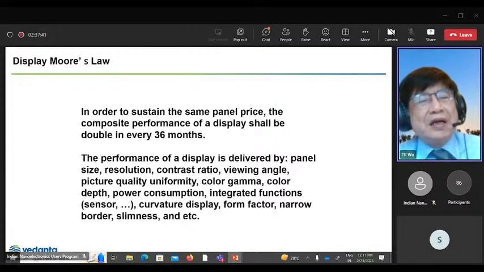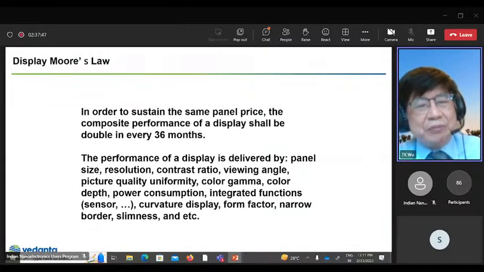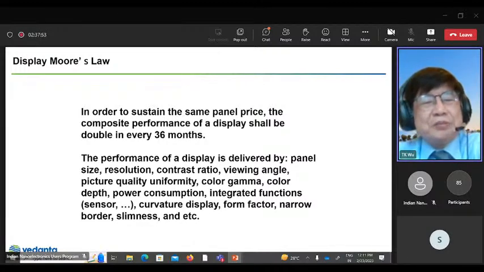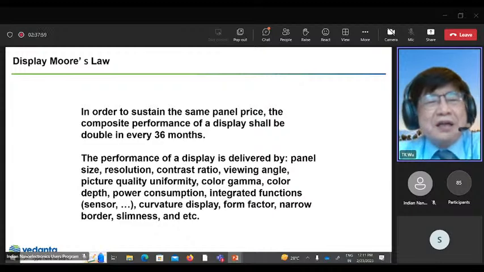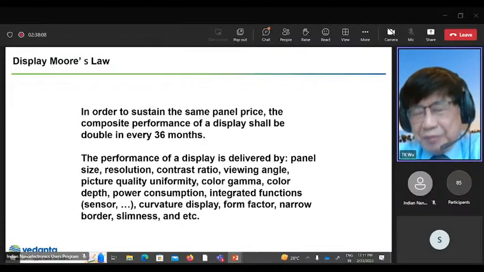We also have a display Moore's law. So what is Moore's law in display? We can see this one. In order to sustain the same panel price, the composite performance of a display should double every 36 months.